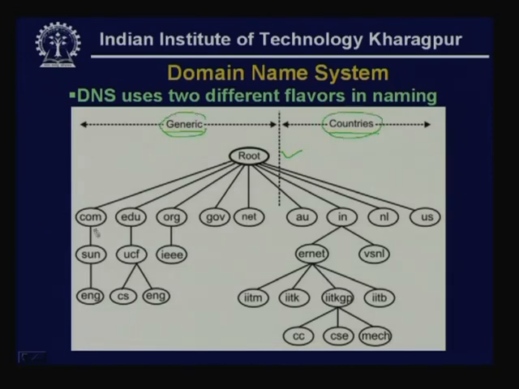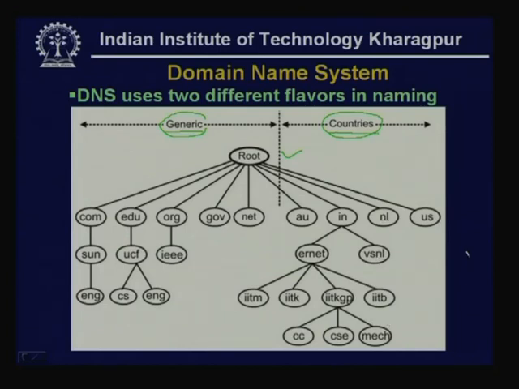So, you have got a number of subdomains, and under each subdomain again you have got several subdomains. For example, under India IN subdomain you have got ERNet, VSNL and so on. So, under ERNet again you can have different IITs like IITM, IITK, IIT KGP, IITB and so on. And then under IIT KGP you have got CC, CAC, mechanical. So, you can see it starts with a root node, and then you have got the next layer of domains, and then another layer of domains.